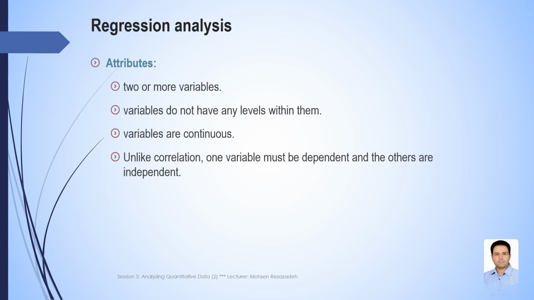This is a major difference between regression analysis and the other two types of correlation. Before we said that we don't have dependent and independent variable, but here we say that one variable must be dependent and the others are independent.